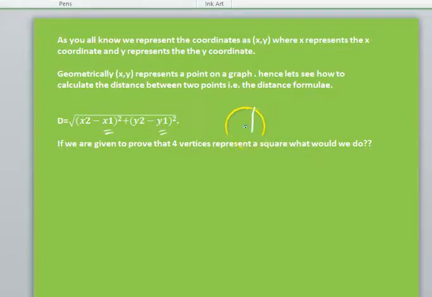If I have a point in my coordinate axis, suppose the origin to somewhere in the first quadrant, what will be the distance from the origin to this point? From (0, 0) to (x, y), the distance would be root under (x minus 0), that is x squared, plus y squared.